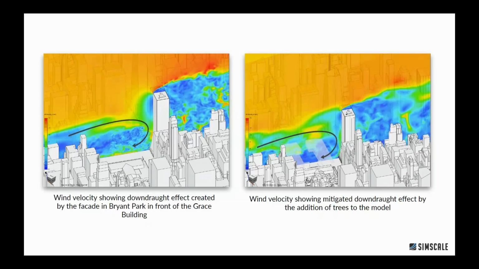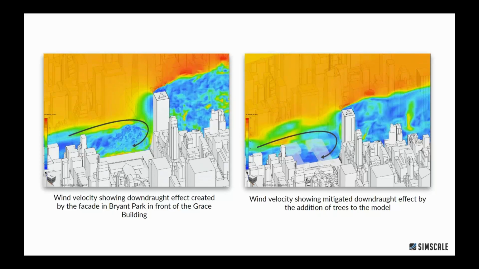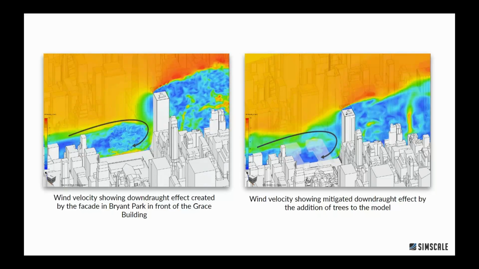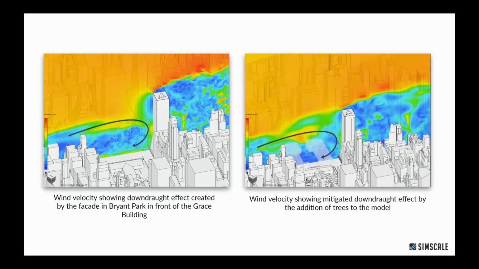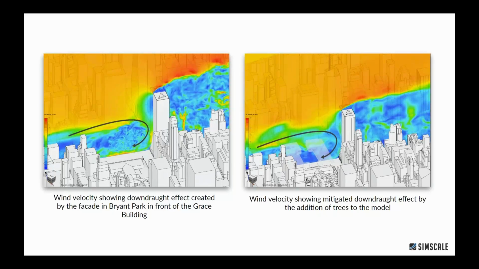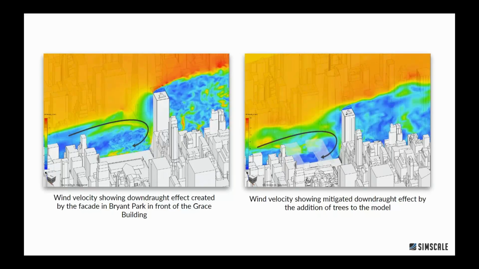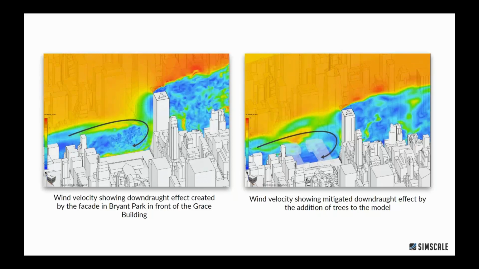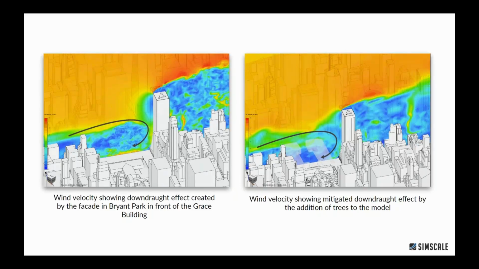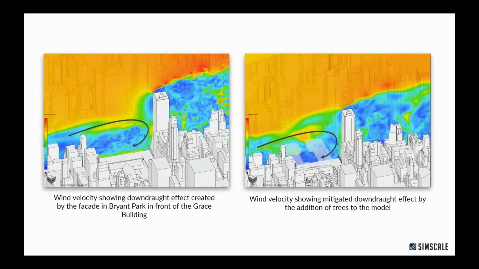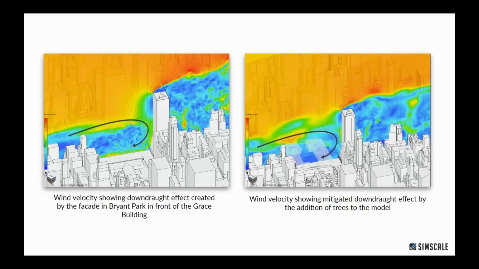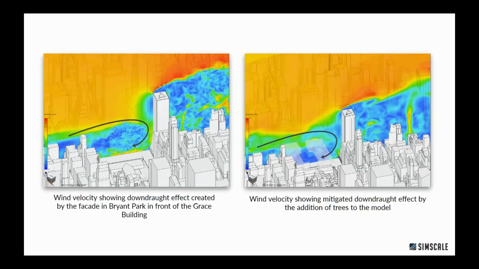And we can demonstrate that the trees have a beneficial impact for the wind. Usually we plant trees also for CO2 emissions and things like this, and making the urban environment more green, but it's also an application where trees can be beneficial. So we are really trying to promote this aspect as well.